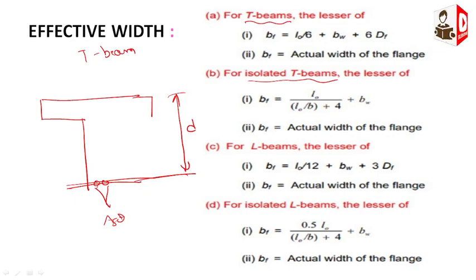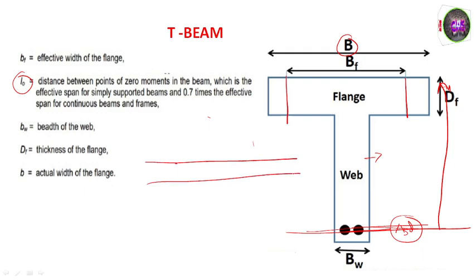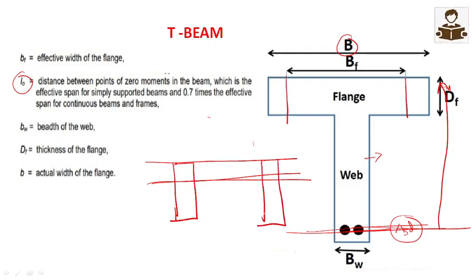There is a lot of difference between these two. T beam is nothing but, okay, this is a slab, for example, and there is a beam you have constructed like this with this one, right? So you have constructed a beam like this.